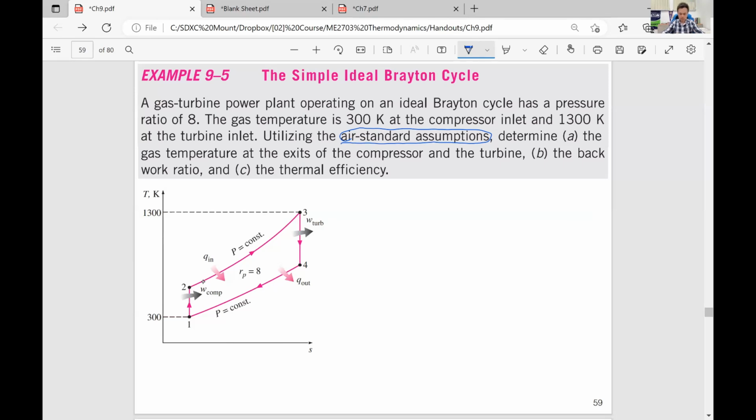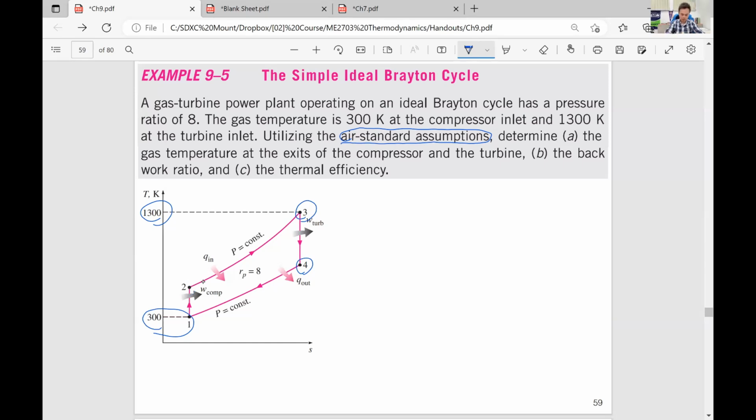That's fine, because all we need to know is the temperature. Now T1 is known and T3 is known. They are given, so all we need to do is get T2 and T4. Okay, so let's try this.